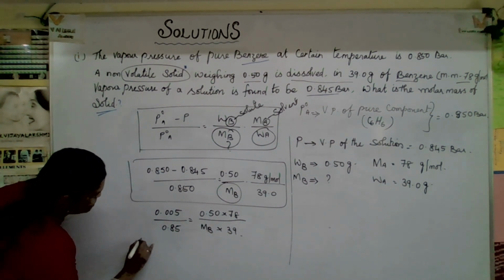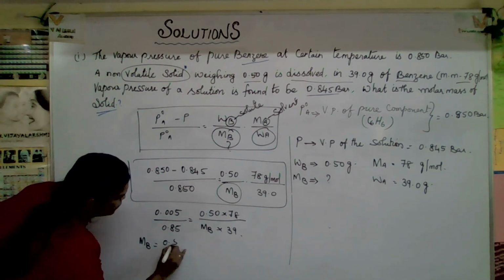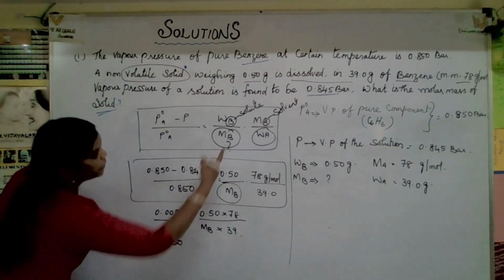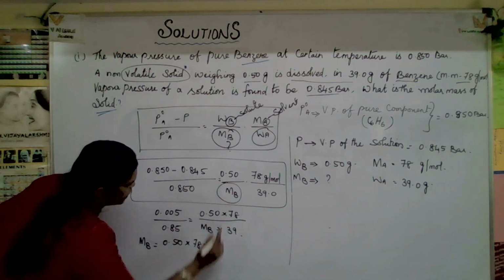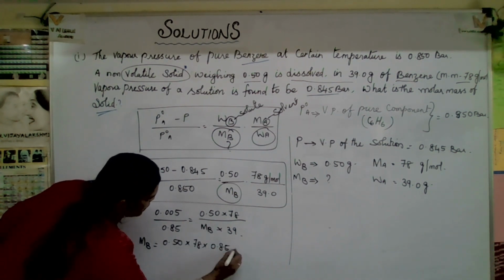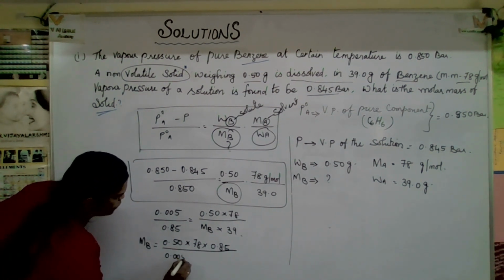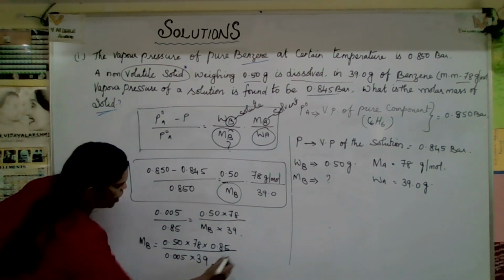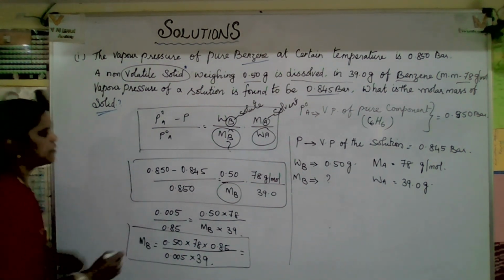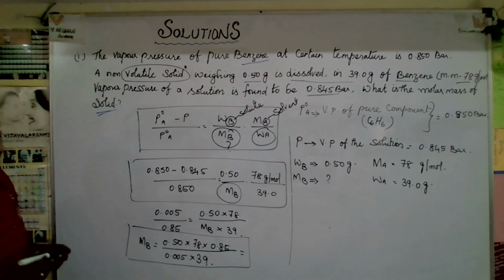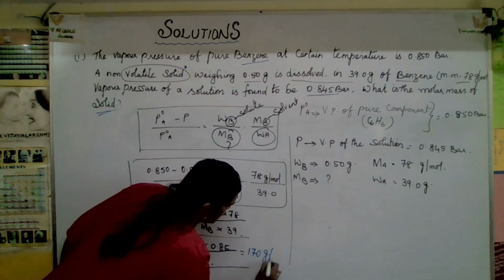Now here we just bring MB equal to 0.50 into 78 into 0.85 divided by 0.005 into 39. Now what is the value we are getting? By the time you pause that video and calculate that answer. Here the answer is 170 gram per mole.